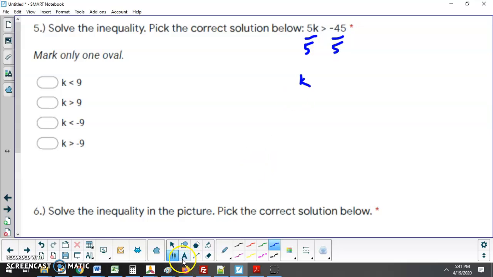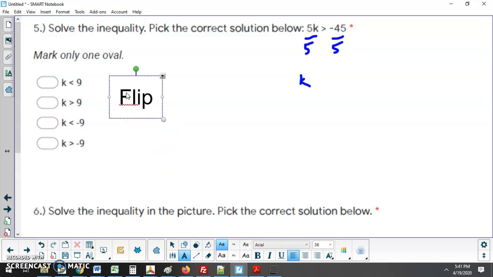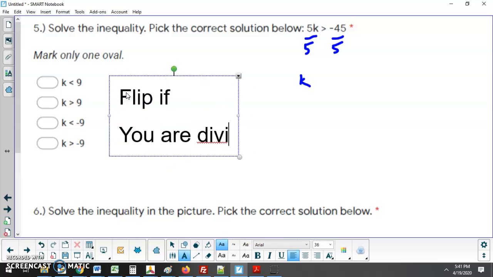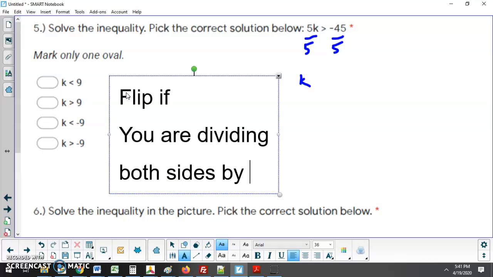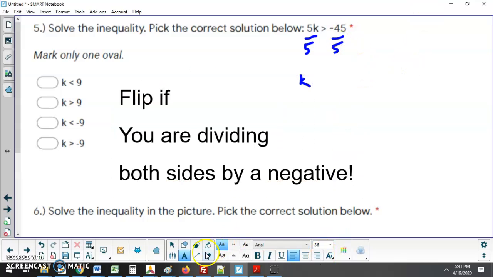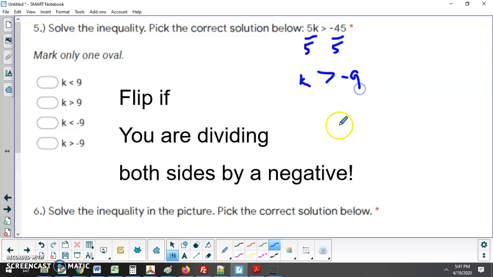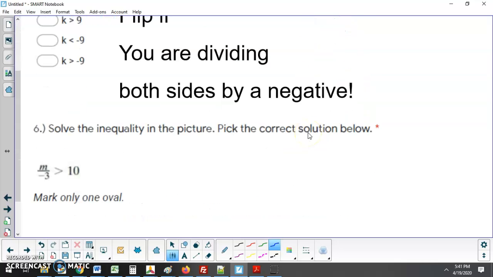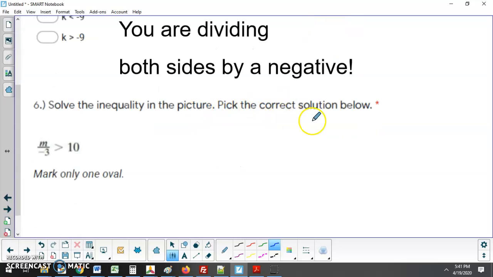Now, remember, you flip if you are dividing both sides by a negative. But look, you're dividing by a +5, so you're not dividing both sides by a negative. So in this one, you're not flipping. Be careful with your signs there.